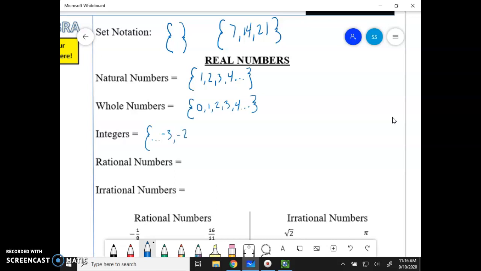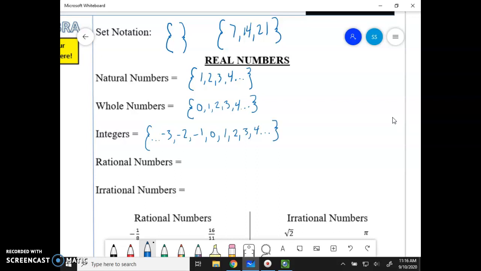Like -3, -2, -1, and 0. And so integers aren't just negative numbers, they're all whole numbers that also include negative numbers, if that's a better way to describe them. Okay? All right. So that should be pretty straightforward.